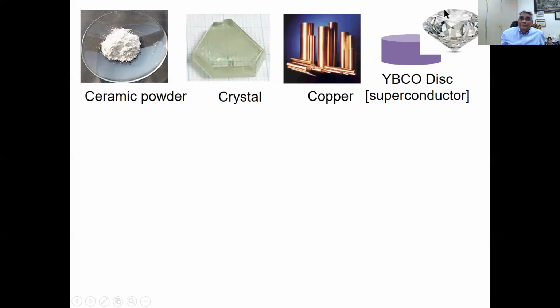And this insulating diamond, which has a band gap of 5.3 electron volts, today you can dope with a few specific elements like boron, phosphorus, nitrogen, and make it into a superconductor. Can you imagine a diamond, an insulating material, driven all the way to metallicity and then showing superconductivity?